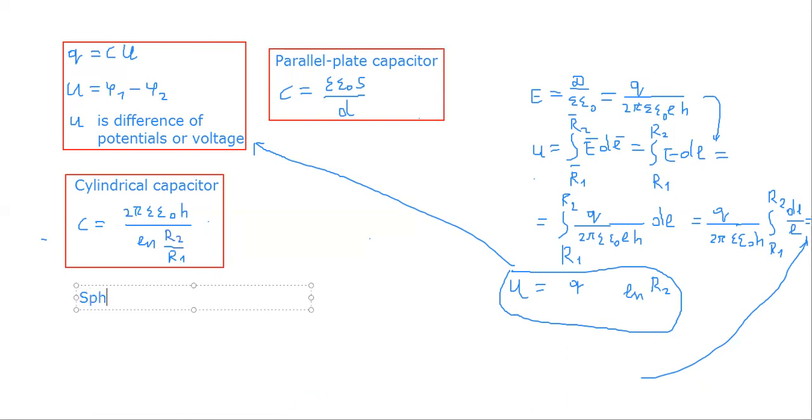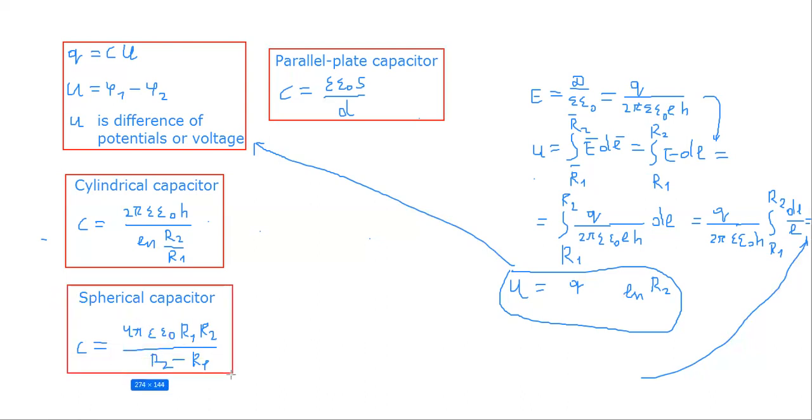So the spherical capacitor has capacitance C equal to 4π epsilon epsilon 0 R1 R2 divided by R2 minus R1.